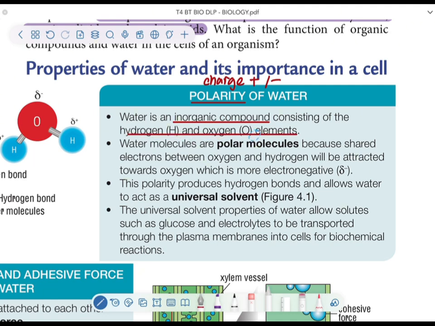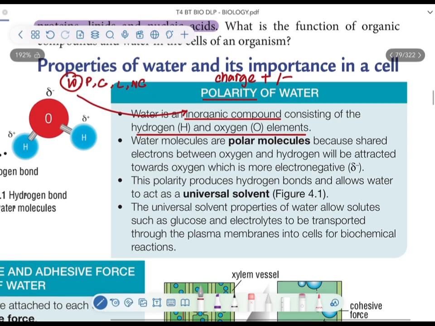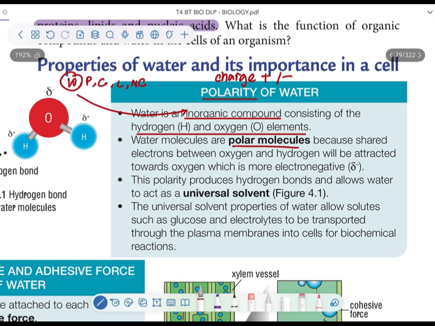As you can see from the diagram on the left-hand side here, a water molecule just consists of two elements, oxygen and hydrogen. Among the 5 components that I mentioned just now, water, protein, carbohydrates, lipid, and nucleic acid, only water is the inorganic compound.